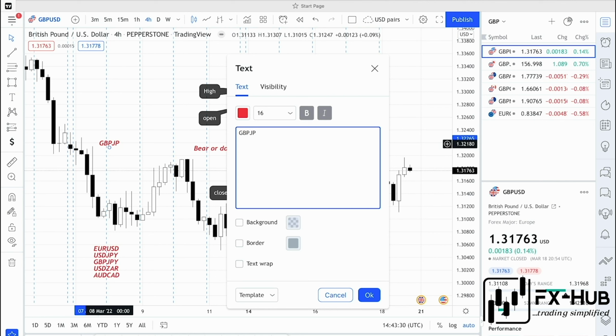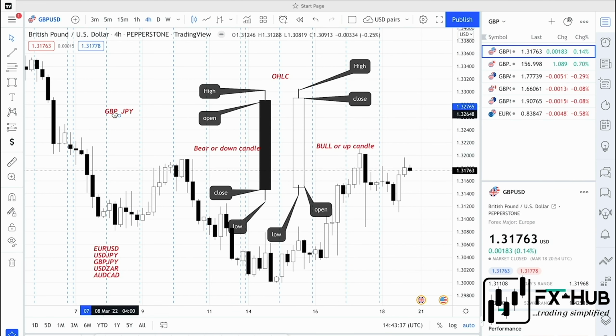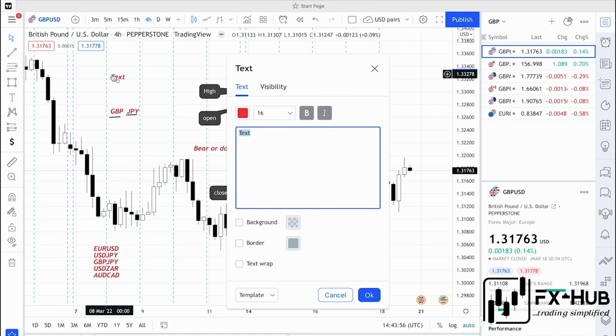GBP JPY, and let me try to separate it. The base and the quoted currency. Okay, let me write out something again. GBP USD. I make a space between the both of them.